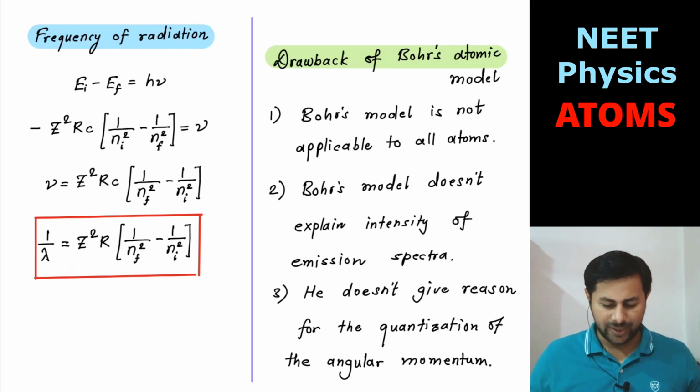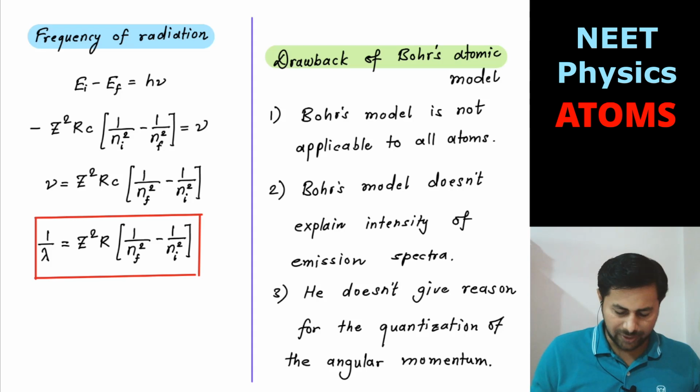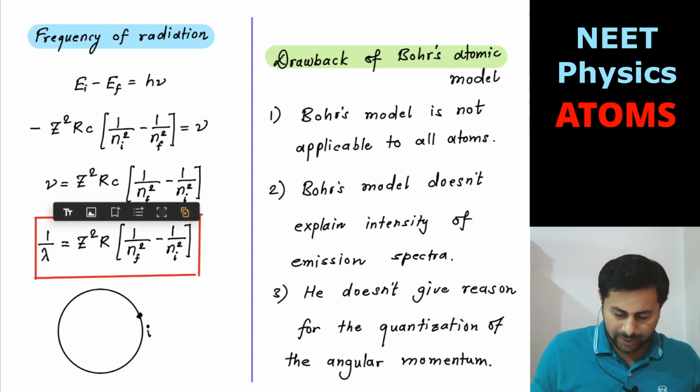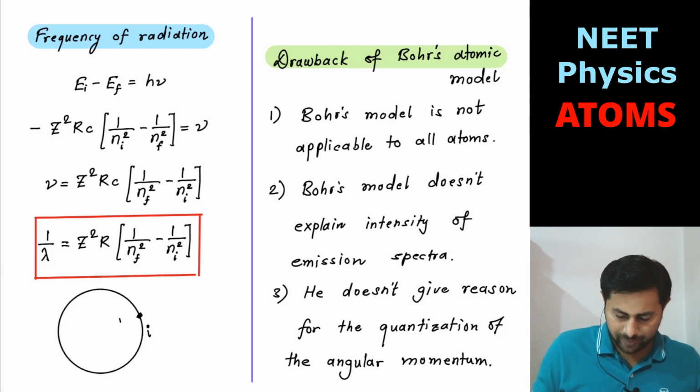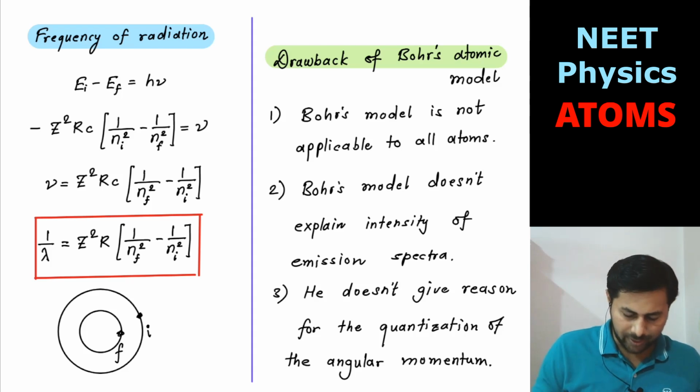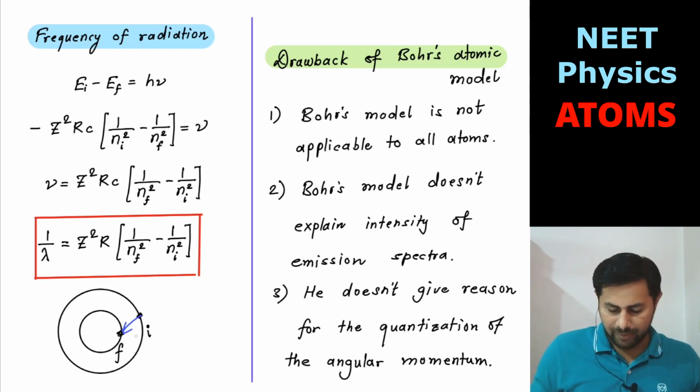All right. So next is the frequency of radiation. We know from Bohr's theory that when an electron jumps from a higher orbit to a lower orbit, suppose the electron revolves in the initial orbit I and then jumps to the final orbit F, it emits a photon.